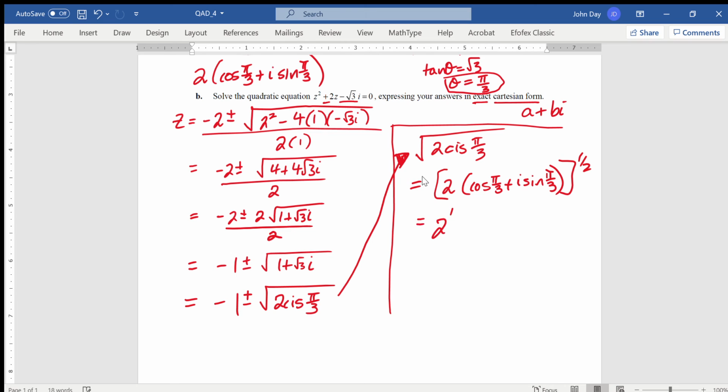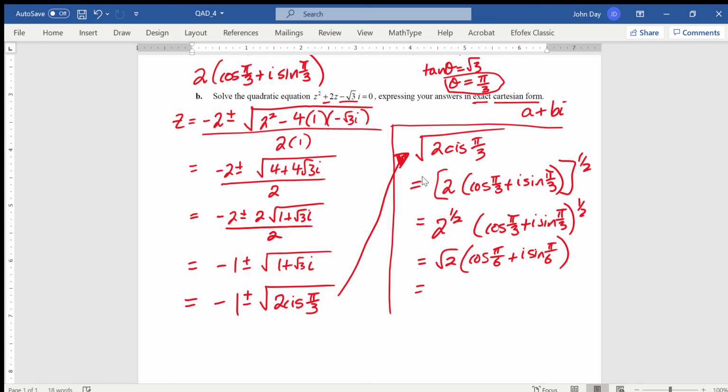So it's 2 to the half and (cos pi on 3 plus i sin pi on 3) to the half. So that's root 2. And then by De Moivre's theorem, we multiply each of these arguments by half. So it's cos of a half times pi on 3, so pi on 6, plus i sin of a half times pi on 3, which is pi on 6.